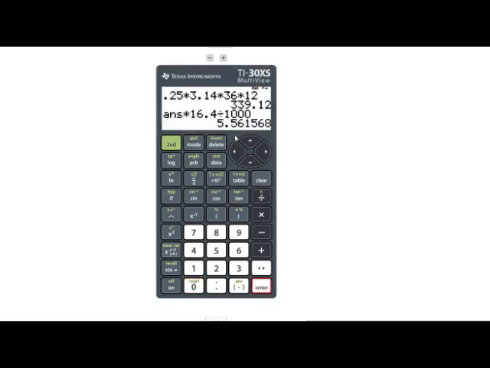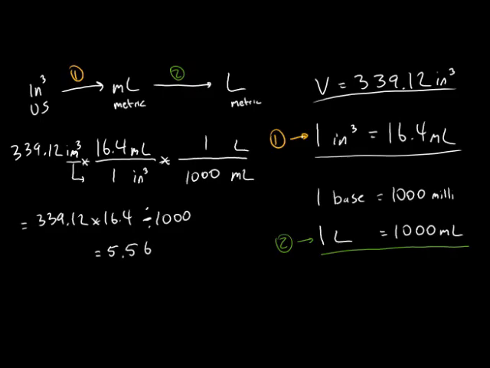We press enter and get 5.56. Now we'll check our units. The inches cubed that we started with will cancel out with the bottom of the first fraction, and the milliliters we have now will cancel out with the bottom of the second fraction, leaving only liters. Therefore, the volume of this cup is 5.56 liters.